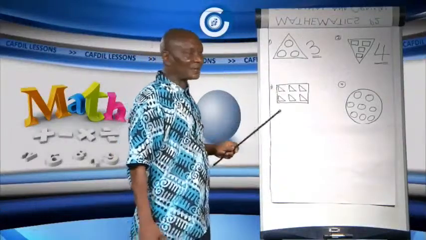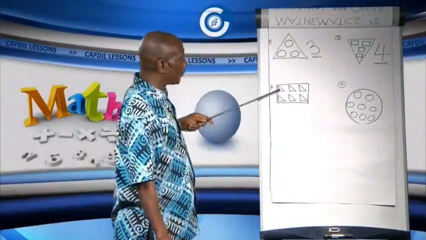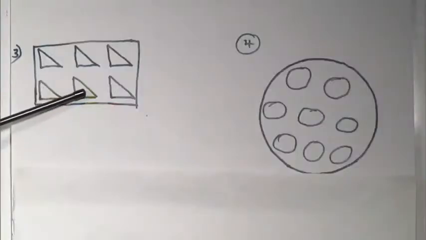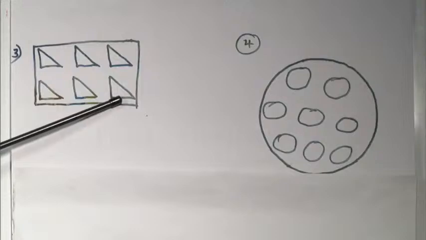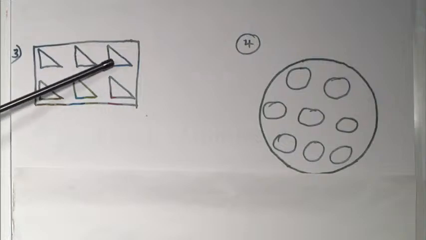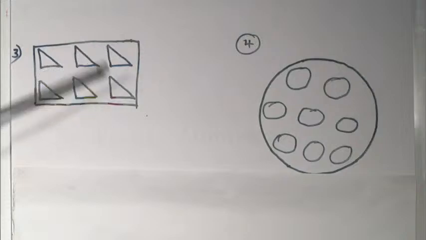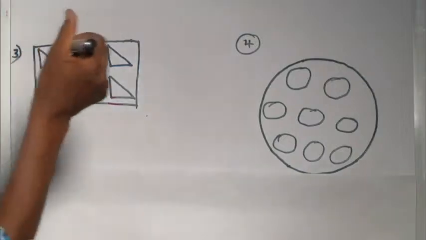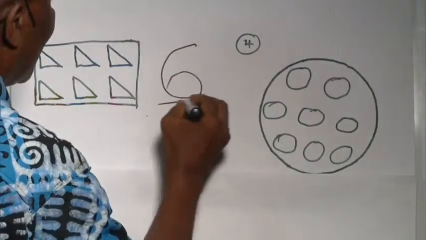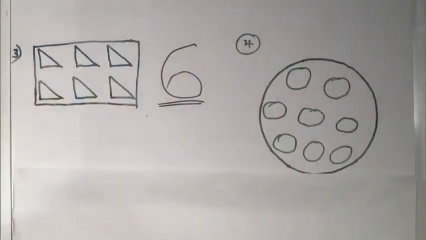Diagram 3, let's count the number of members. 1, 2, 3, 4, 5, 6. How many? 6. So 6 is also a cardinal number.